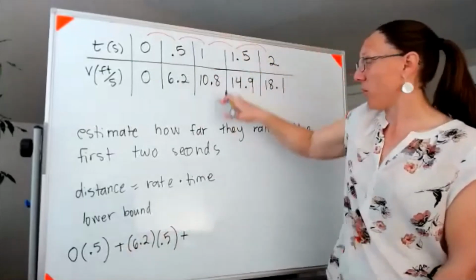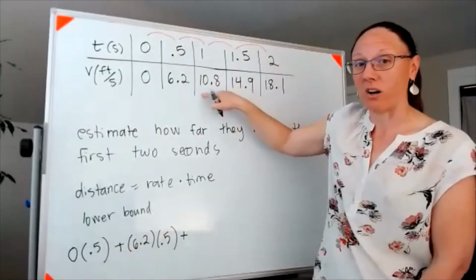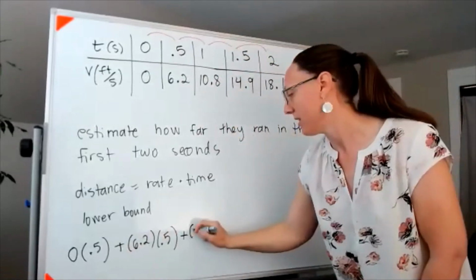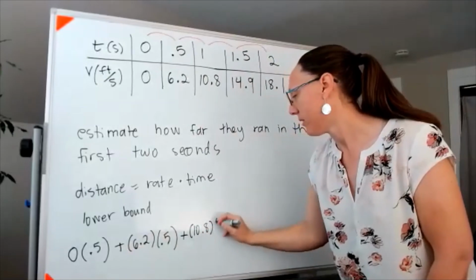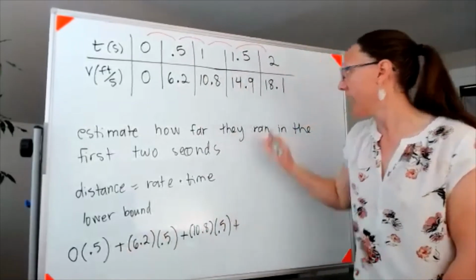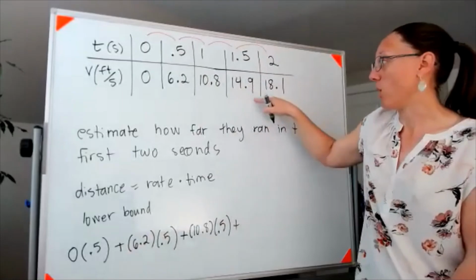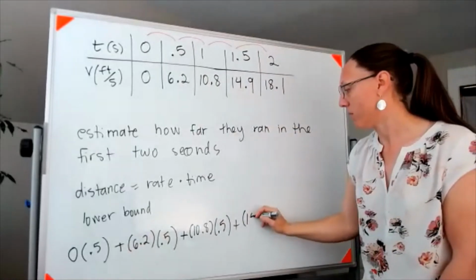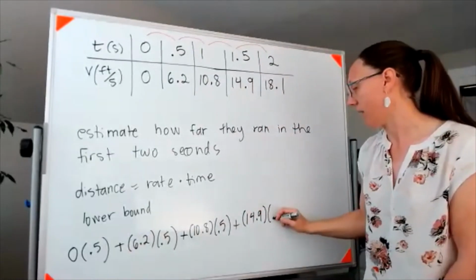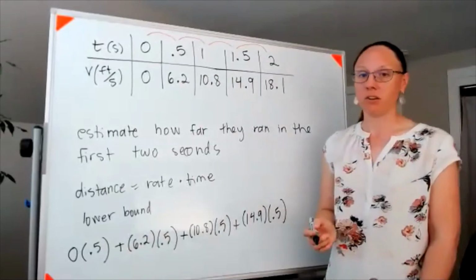Then in the next increment, again I'm choosing that lower bound, so that 10.8 for half a second. And in that last interval, I'll also choose the lower, the 14.9 times 0.5.